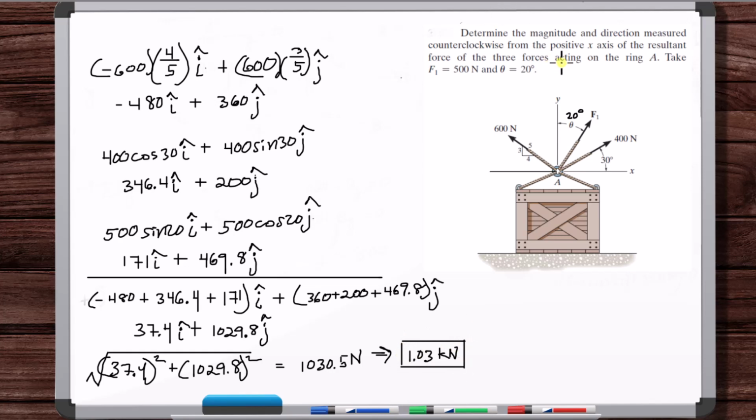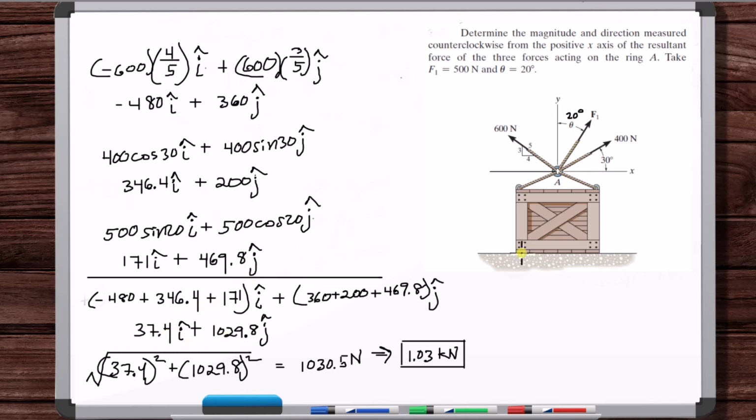Okay, now it also wants to know the direction of this measured counterclockwise from the positive x-axis. And so we're using arctangent of Fy over Fx, or arctangent of any components that you pick. Determining the angles, you do this kind of manually. In other words, you look at your vector.